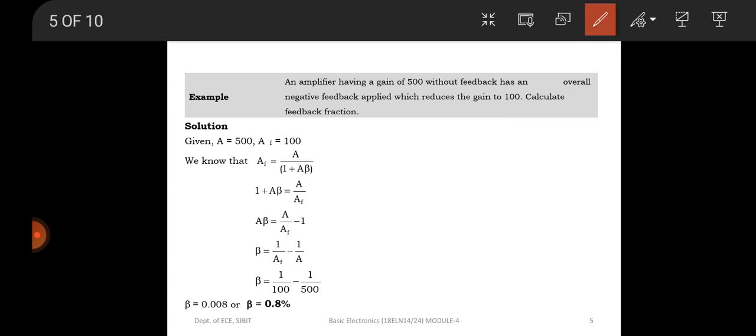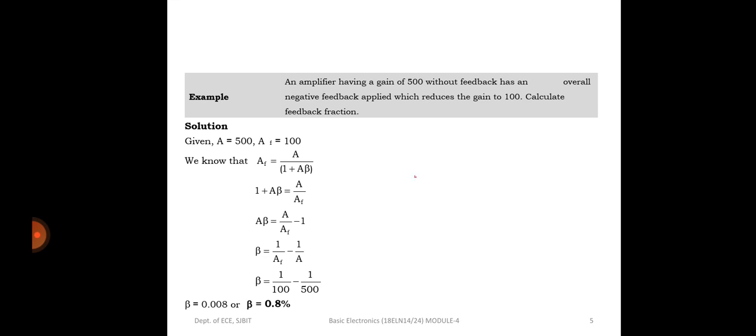The problem gives the following data: the amplifier has a gain without feedback, A, which is equal to 500, and with negative feedback applied the gain is reduced to AF equal to 100.